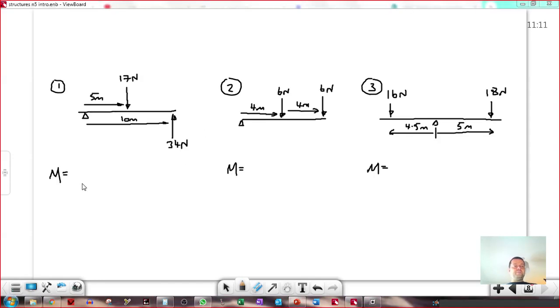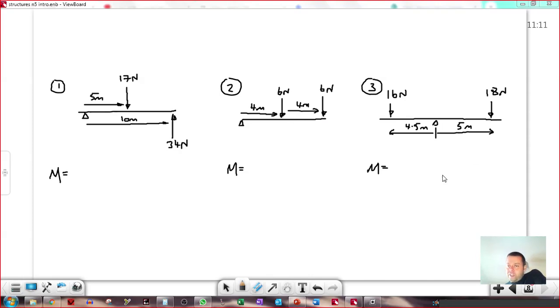Okay, so remember to give clockwise moments positive signs and anti-clockwise moments negative signs. So in this first one you've got one clockwise and one anti-clockwise. In this one, you don't. It's also clockwise. In this one, the fulcrum's in the middle.